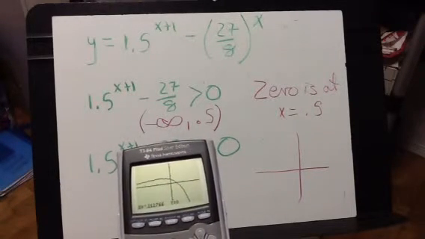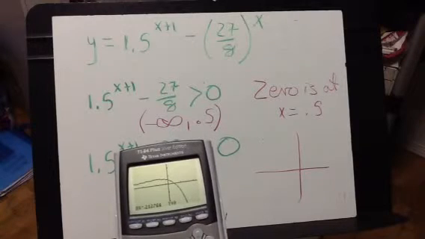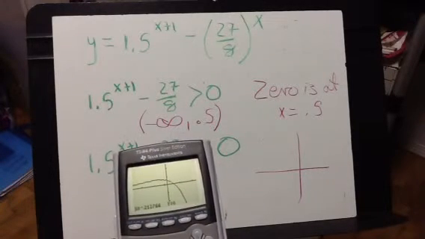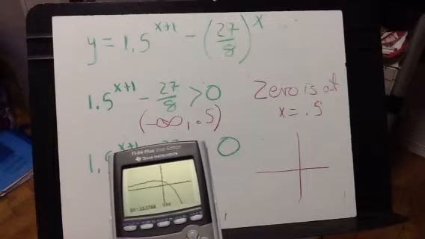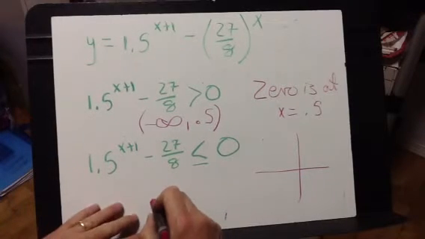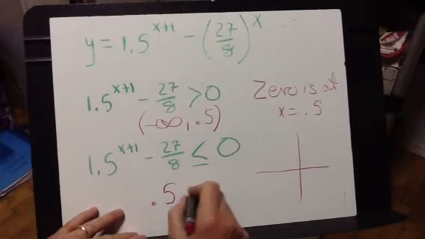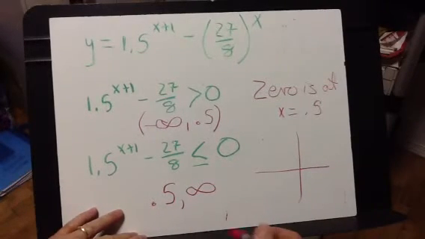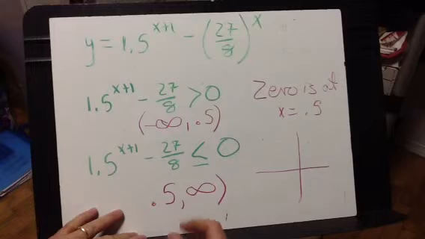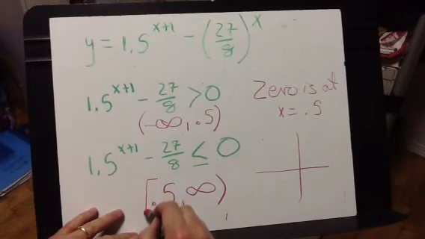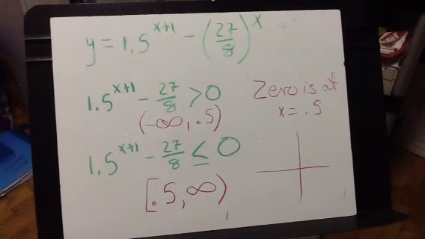I believe it's probably going on down forever. So that would be from 0.5 out to infinity. The place where it starts being on or below the x-axis is at 0.5, and then it goes out to infinity. Because this includes equality, we're going to wrap a bracket around that one like that.